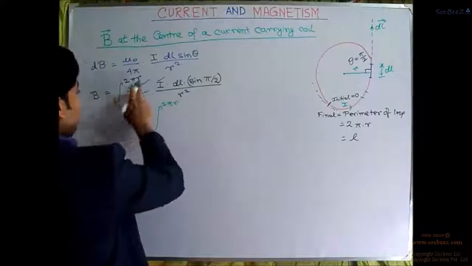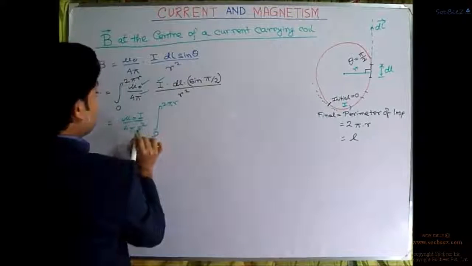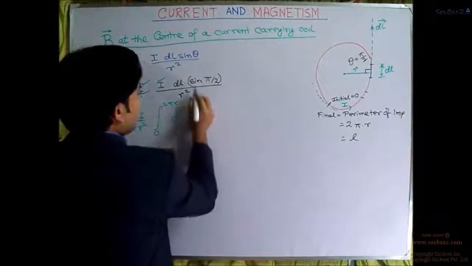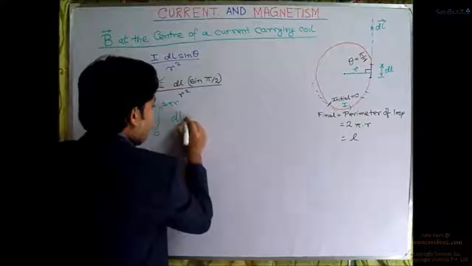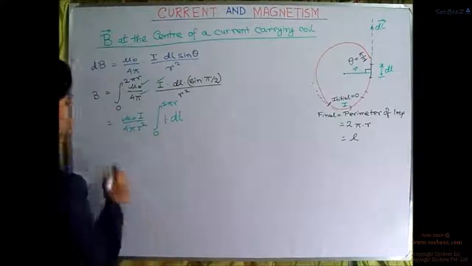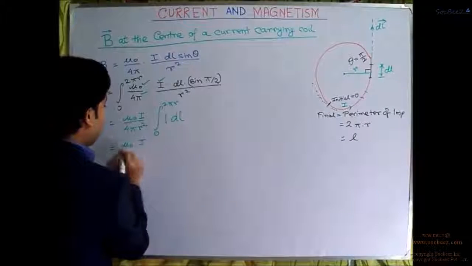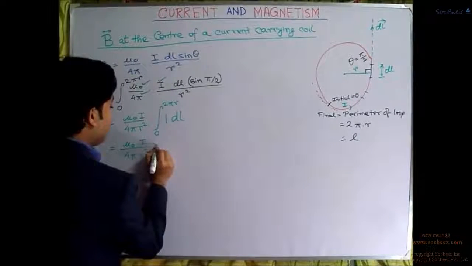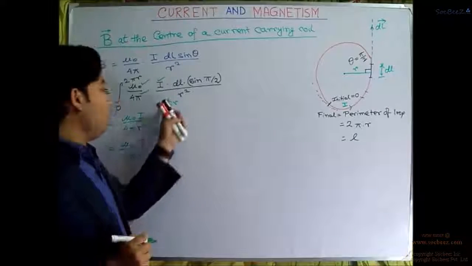Then it will be mu naught 4 pi I r. This will be r square and this will be dl. And the value of sine 90, or sine pi by 2, is equal to 1. Right? So this will come out to be mu naught multiplied by I divided by 4 pi r square multiplied by integration of dl from 0 to 2 pi r.